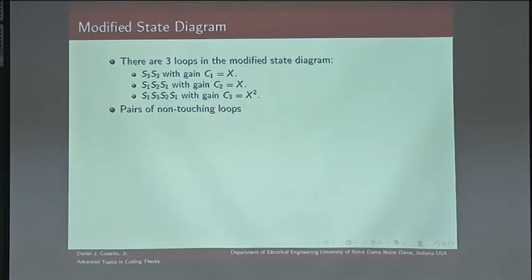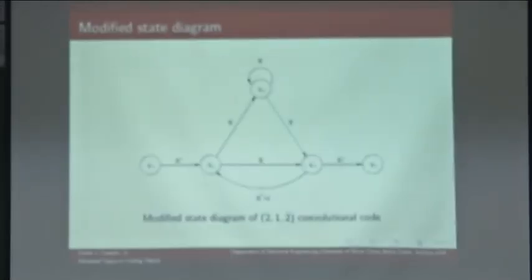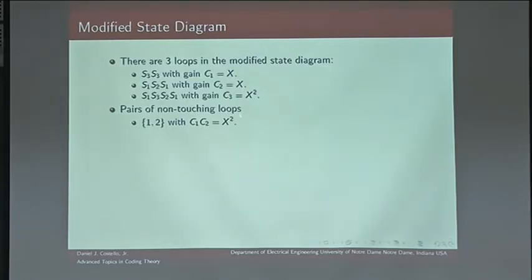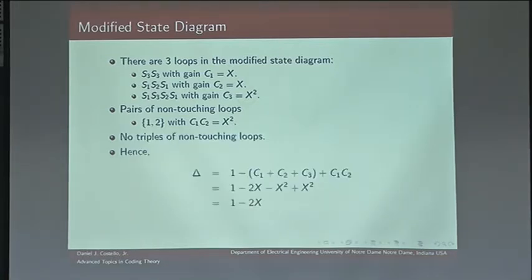Pairs of non-touching loops: there was just this one and this one, and the product of their 2 gains is x squared. And there are no triples of non-touching loops. So our delta is 1 minus the sum of the loop gains, these 3 guys, plus the product of the loop gains of the non-touching loops.